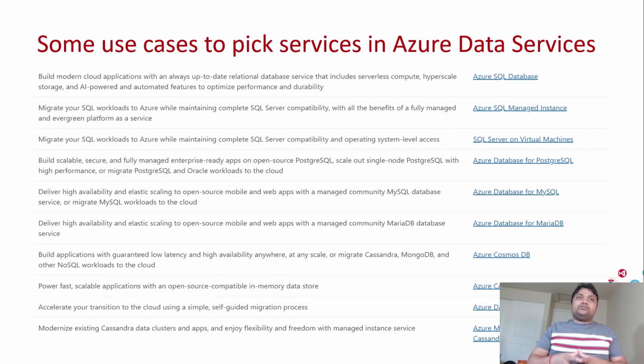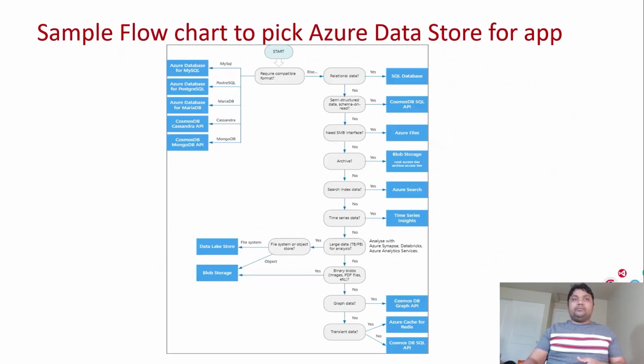So these are some use cases showing which service to pick when we are designing a system. If I have to pick anything, this sample flow chart helps me a bit: if you want to pick any data service, first ask what you need.